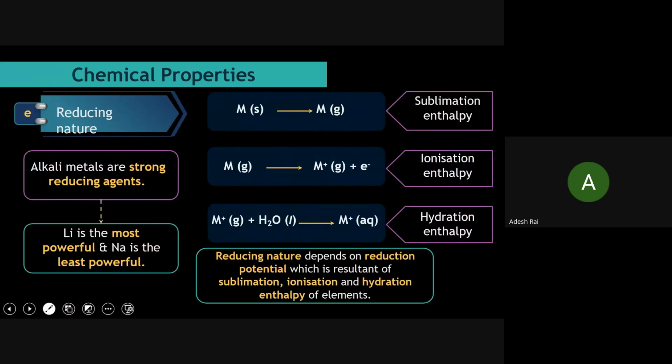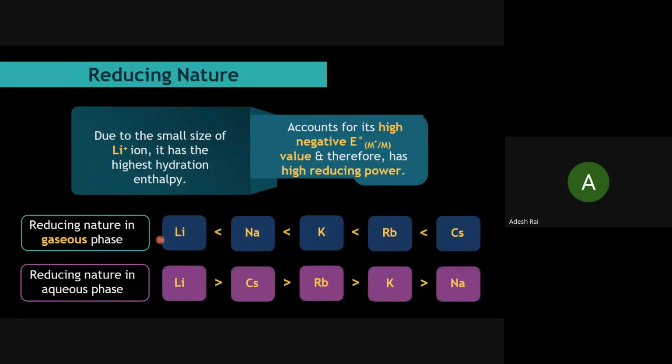So the E naught value that we have found for all the elements is a combined study of these three. But for the gaseous phase, you have to directly remember that whoever donates the electron easily will have the highest reducing power. Okay. Now, what is written over here?